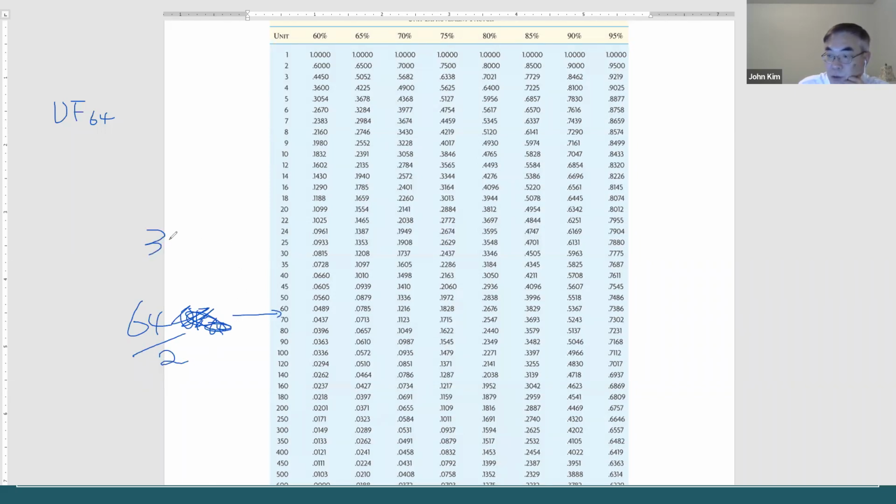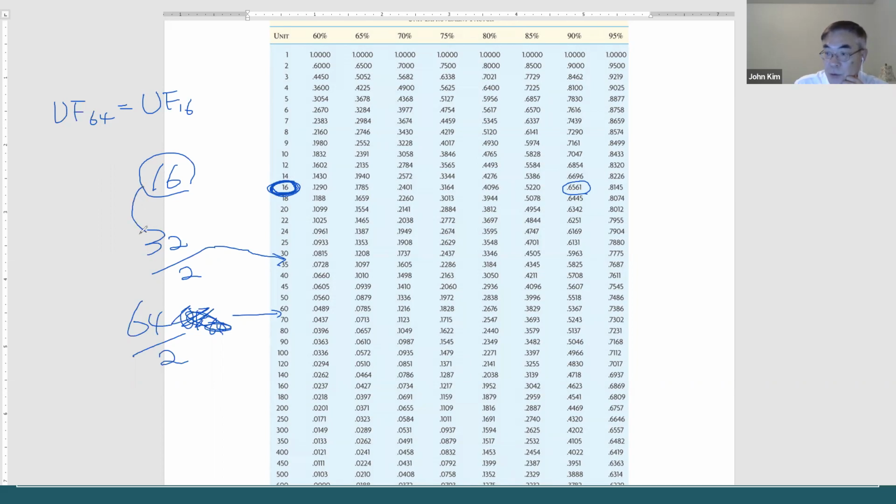That is 32, but still we cannot find. Then again, divide by 2. Then it is 16. Yes, we can find. So if we find, then that is this one. So we use this one, unit factor 16.